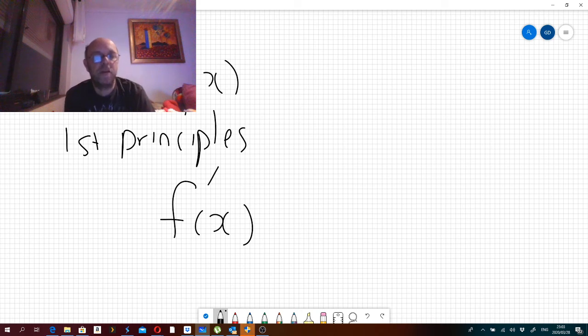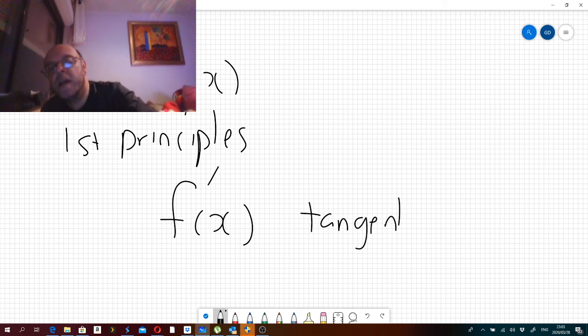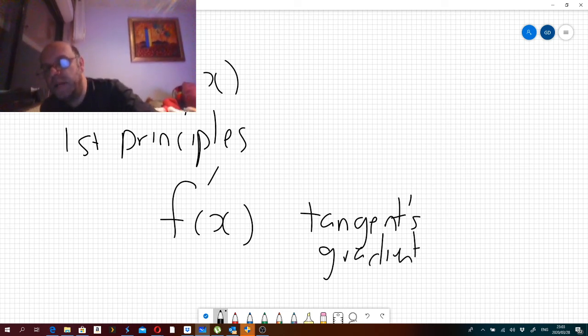And the gradient function will tell us the value of a tangent's gradient at any point along the curve.